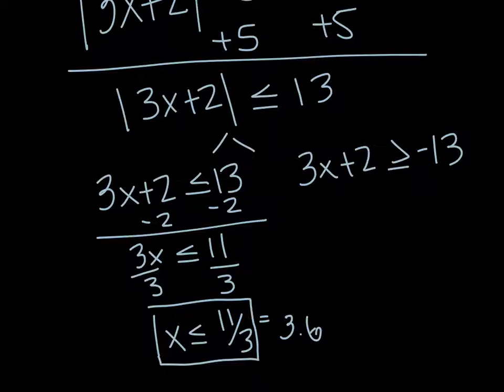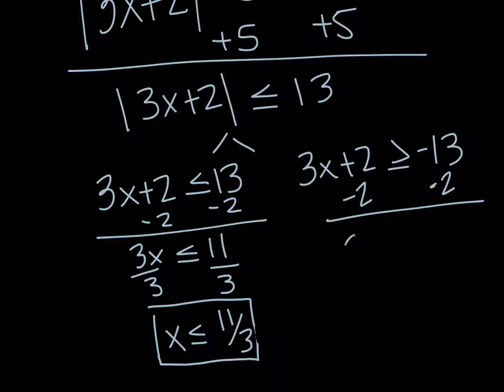So now we have to solve your second inequality. You're going to do the same steps, but because you have a negative number, you should get a different solution. So we get 3x is greater than or equal to negative 15.